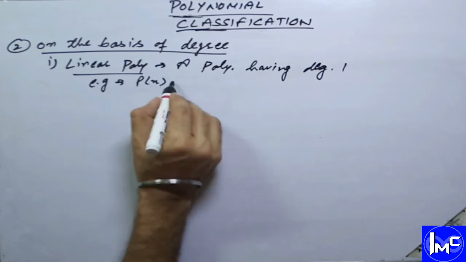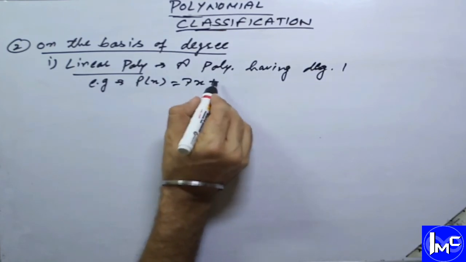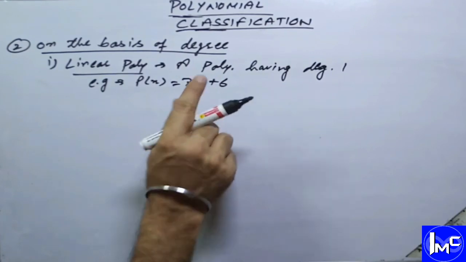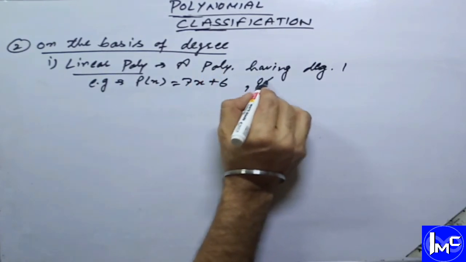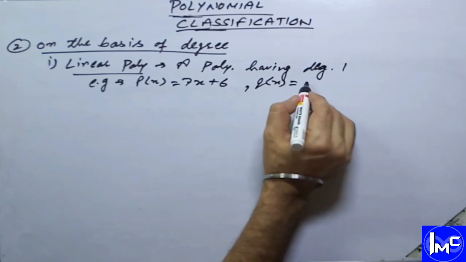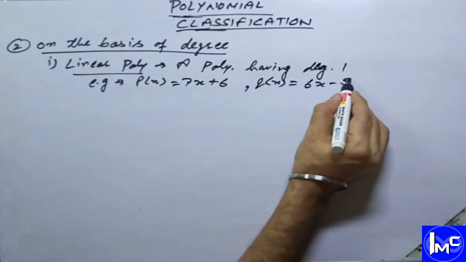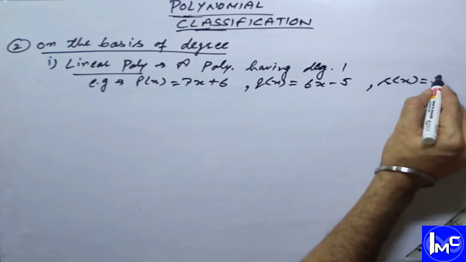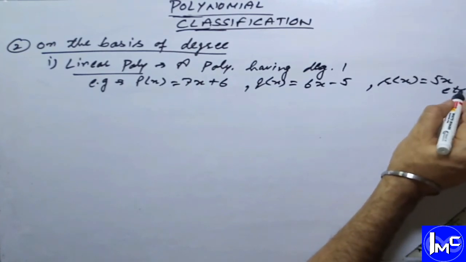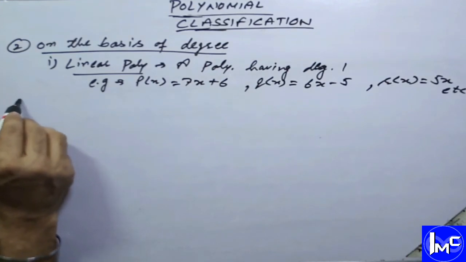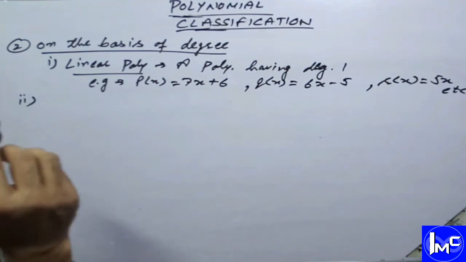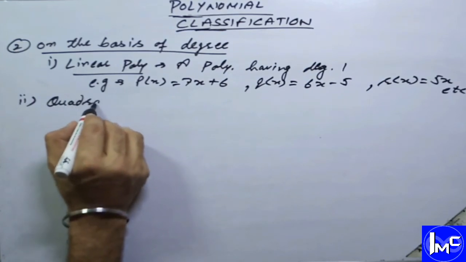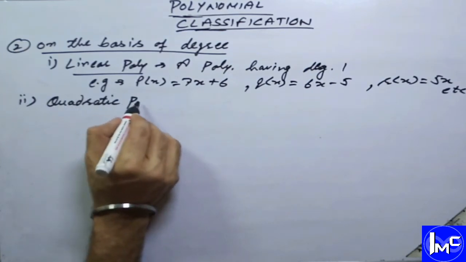For example, p(x) is equal to 7x plus 6. You can see here the power of the variable x is 1. q(x) is equal to 6x minus 5 or r(x) is equal to 5x, etc. Second type is quadratic polynomial.